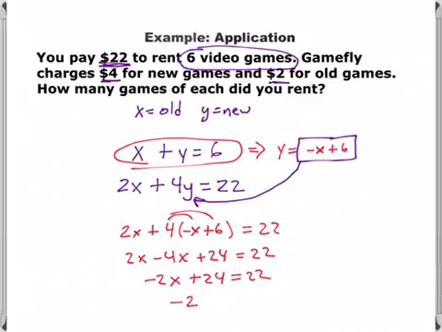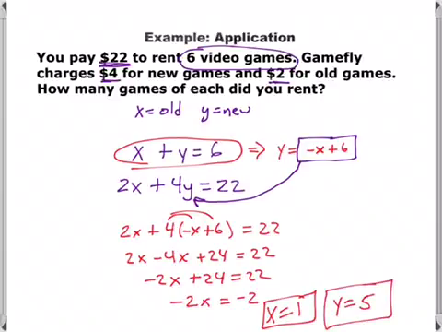Subtract 24 from both sides, you've got negative 2x equals negative 2, which means when you divide by negative 2 on both sides, you get that x equals 1. That means you bought one old game. And then if we bought one old game, then it's pretty obvious that we bought 5 new games. So 1 old, 5 new.